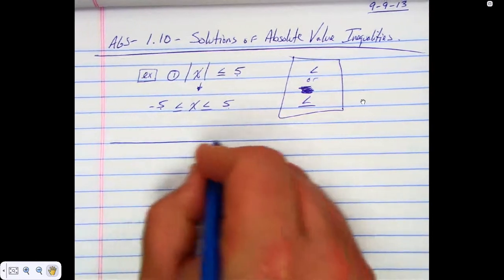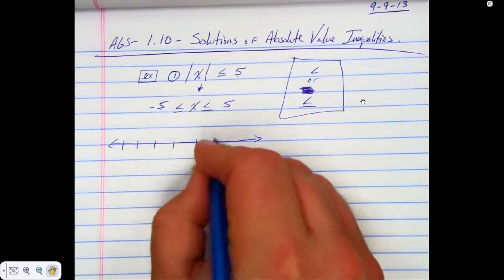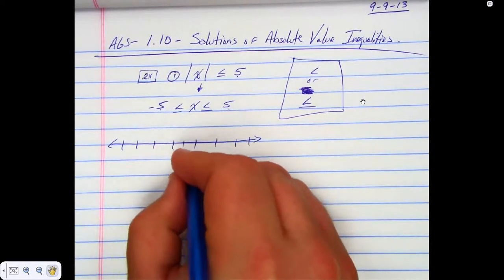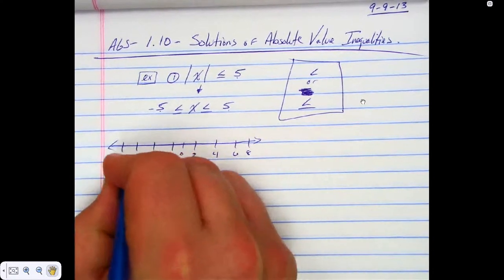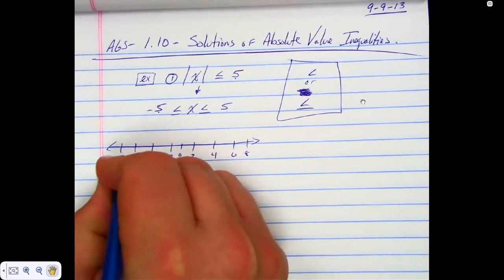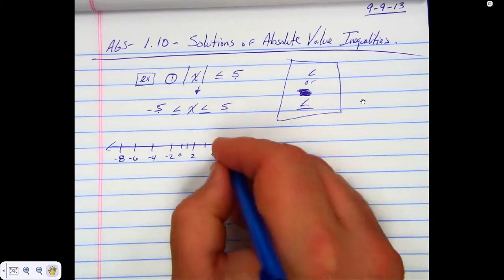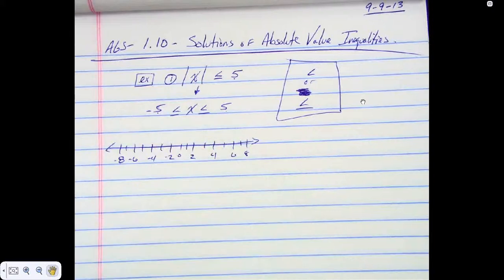If we were to graph that, I went by 2, didn't I? That's okay.